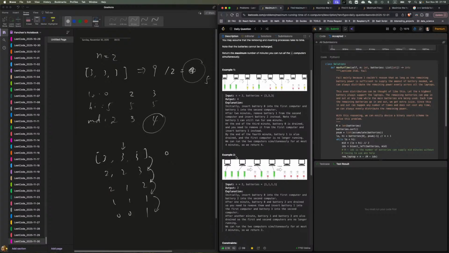I can sort small to big, and then how do you evenly distribute? I don't know. What is P sum?